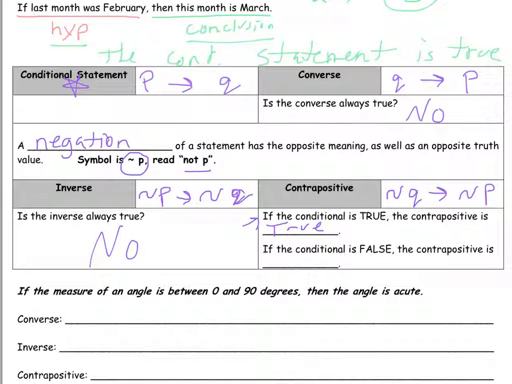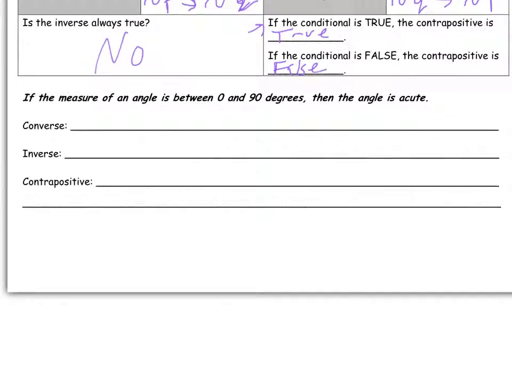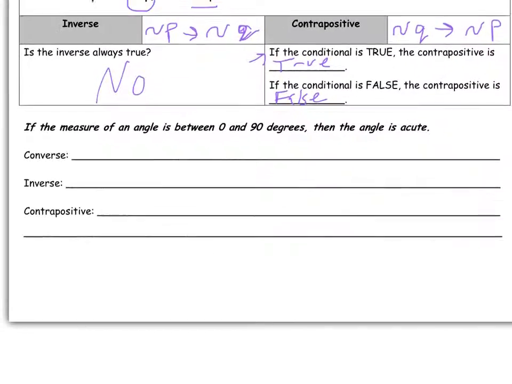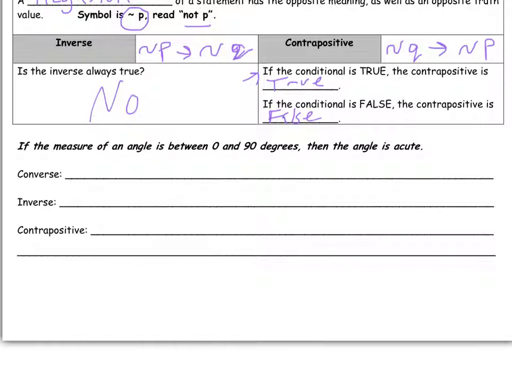And if the conditional statement is false, if we're starting with a false statement, then our contrapositive is also going to be false. So let's look at an example of how we would look at different conditional statements, converse, inverse, and contrapositive.